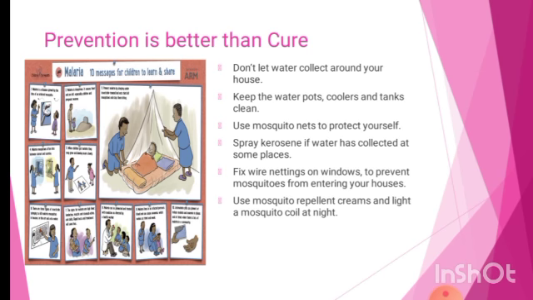Use mosquito repellent creams and light a mosquito coil at night. Wear clothes that cover your arms and legs fully. That means you don't have to wear half sleeves clothes, okay? So, this was about malaria.